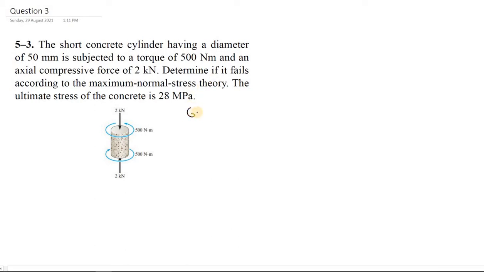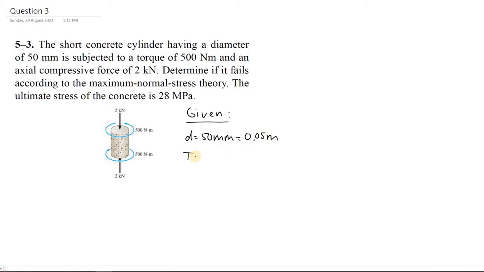So we're going to start by noting down what we have been given. We have a diameter of 50 millimeters, the same as 0.05 meters.